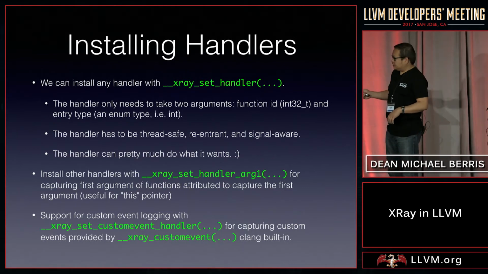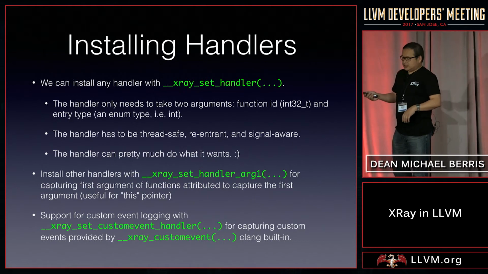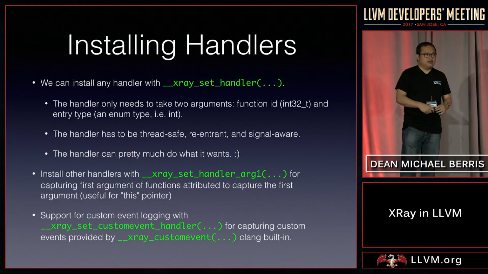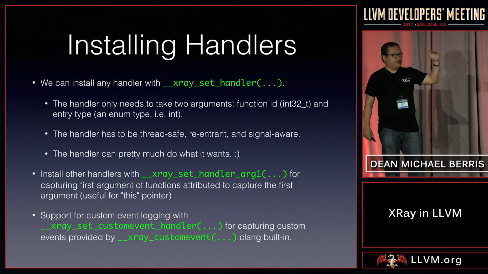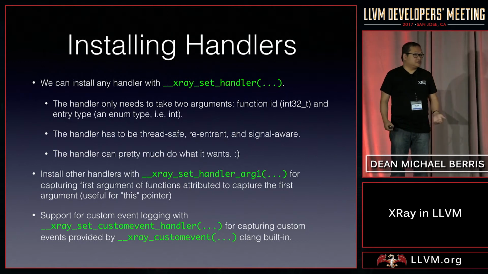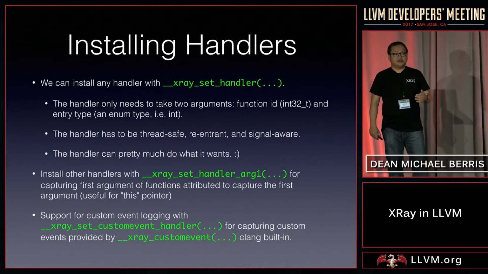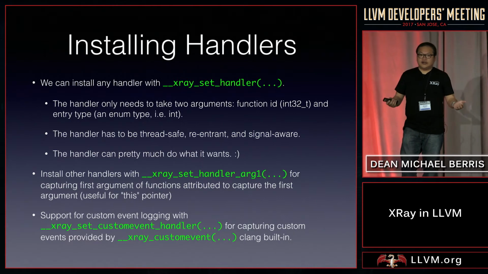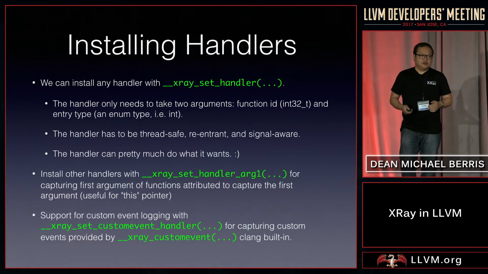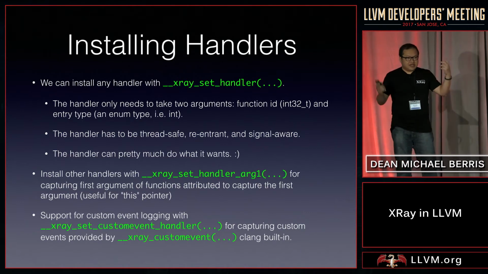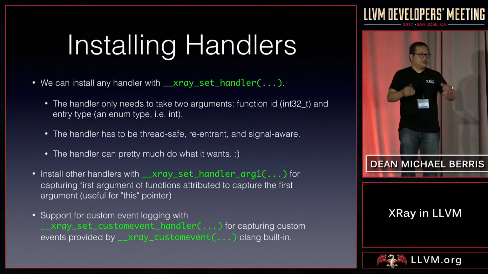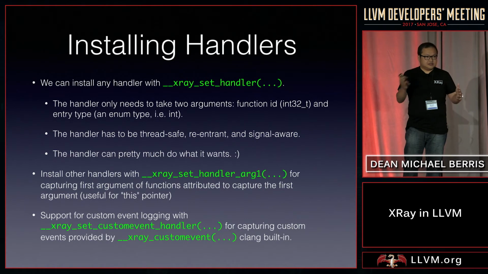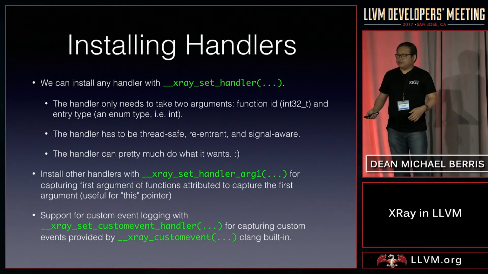Custom event logging is a feature you'd want to use if you want to delineate phases in your function, for example, or you want to associate some identifier to a thread of execution. So if you have RPCs, you could use the RPC ID or some notion such as a phase indicator that says I started here and then I ended here, right?